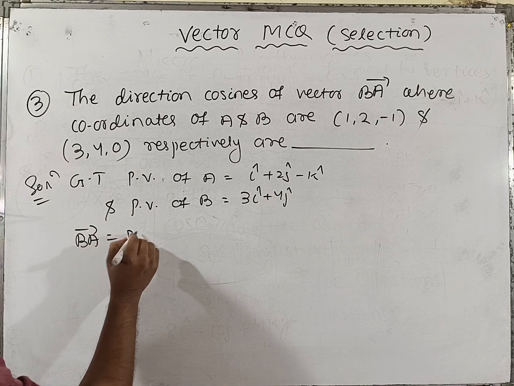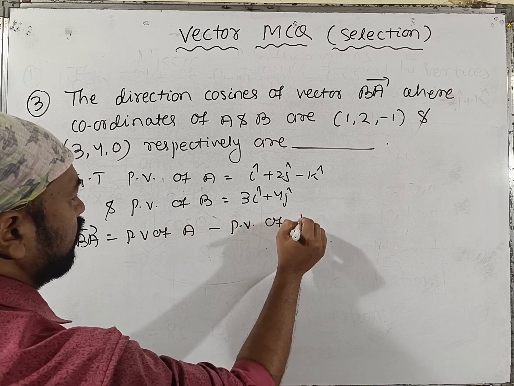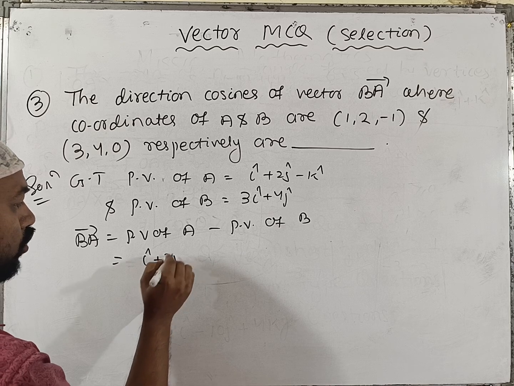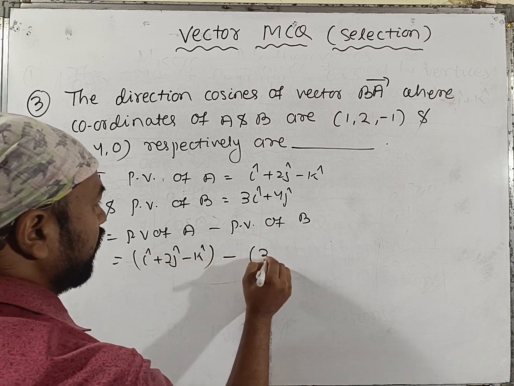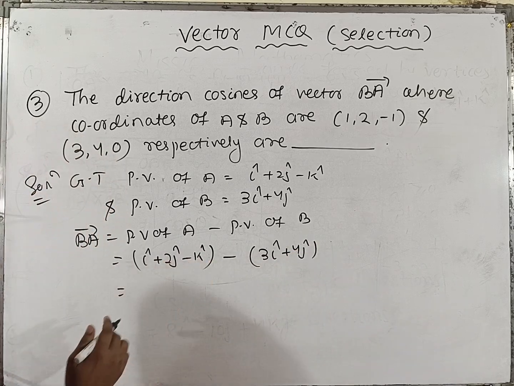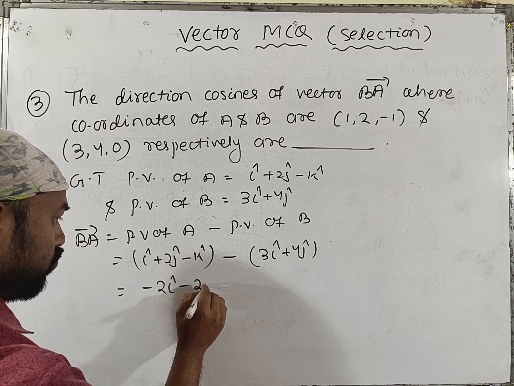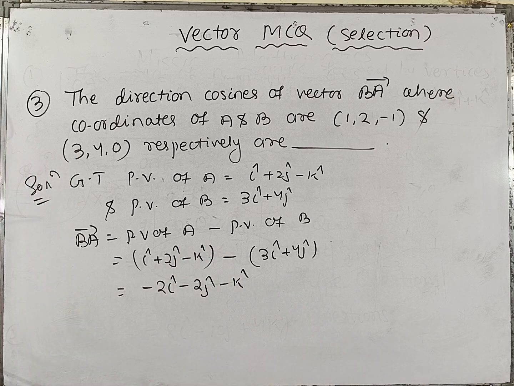BA vector is equal to position vector of A minus position vector of B. Position vector of A, i cap plus 2j cap minus k cap, minus position vector of B, 3i cap plus 4j cap. You have to solve this, and it will be minus 2i cap minus 2j cap minus k cap. So here it is the BA vector for you.